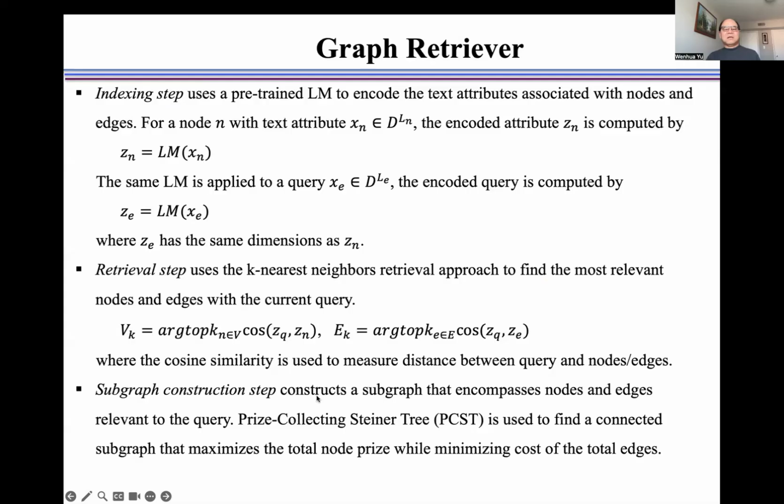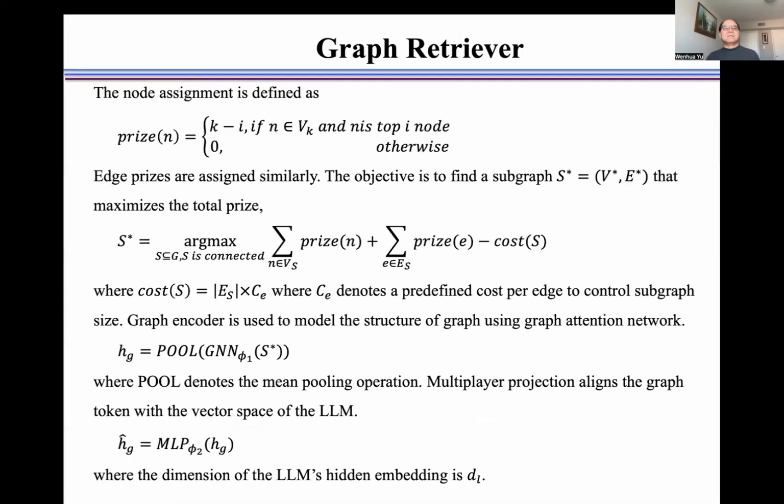The subgraph construction step constructs a subgraph that encompasses nodes and edges relevant to the query. Prize-collecting Steiner tree is used to find a connected subgraph that maximizes the total node prize while minimizing the cost of the total edges.